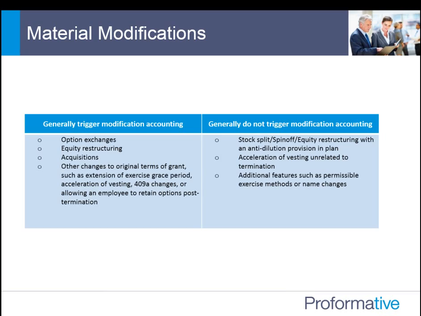There are also things that do not trigger modification accounting. There are some spin-offs that don't require modification. We personally had one here at Penn. We determined that the fair value before our spin-off and after our spin-off was exactly the same, but we still had to do a lot of system finagling, or whatever you want to call it.